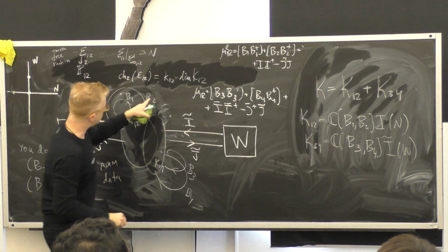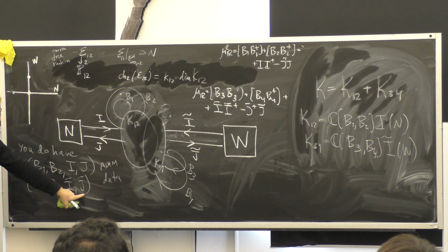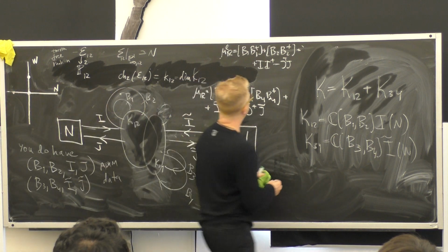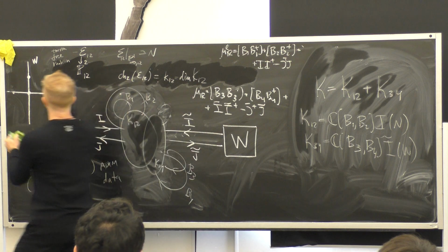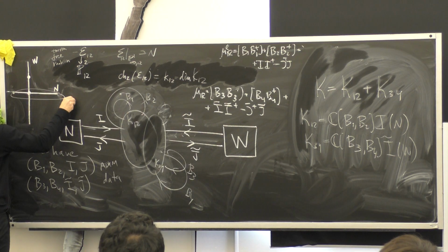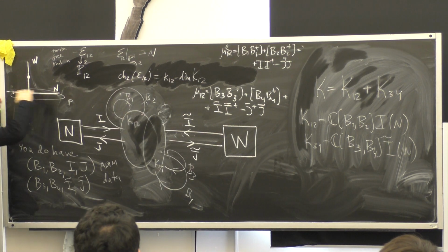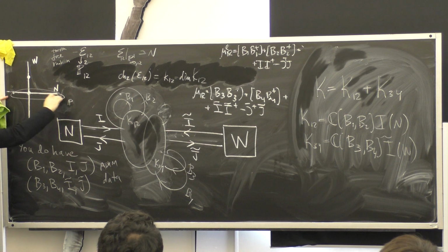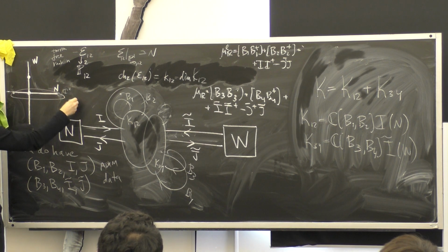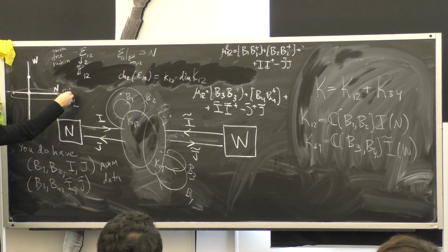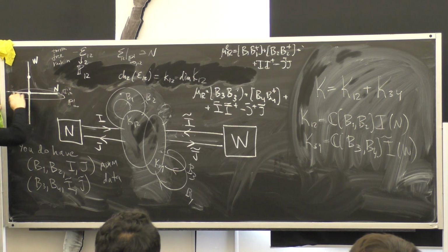And then the data B3, B4, I tilde, J tilde define another one. We add to the horizontal line, which is actually a plane, the line at infinity and make it a projective space.